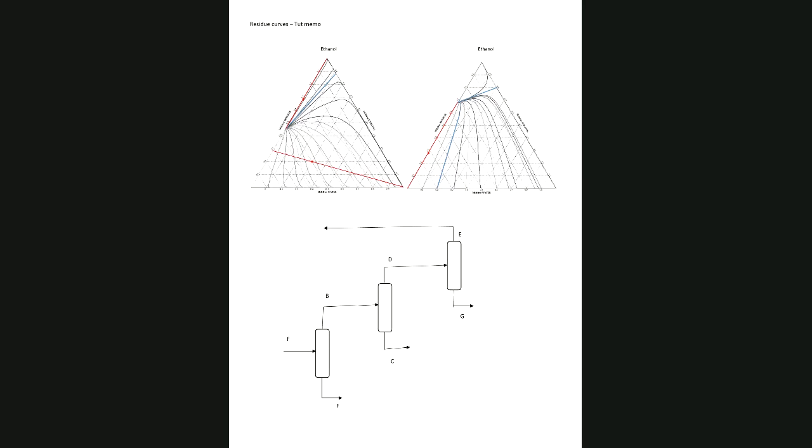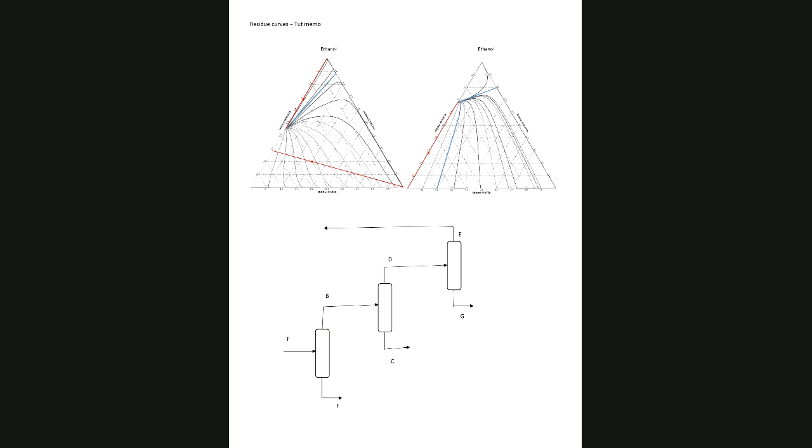Okay, the first thing you need to watch out for is where the distillation boundaries are. Now, that azeotrope, as the question says, is an ethanol benzene azeotrope, and obviously that is lying at 55% benzene.